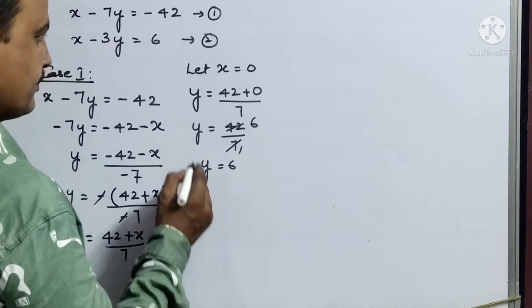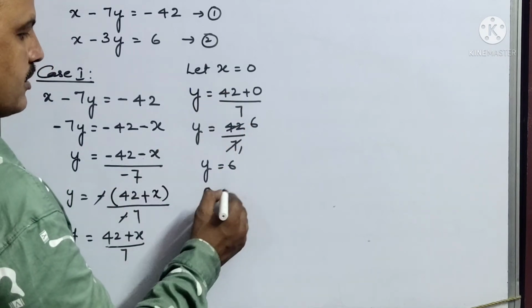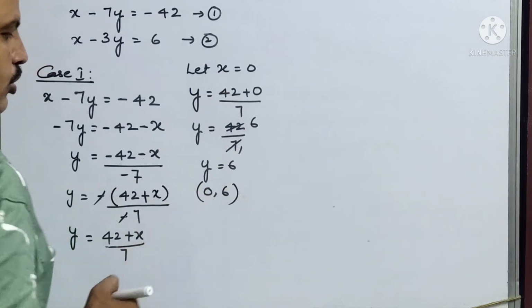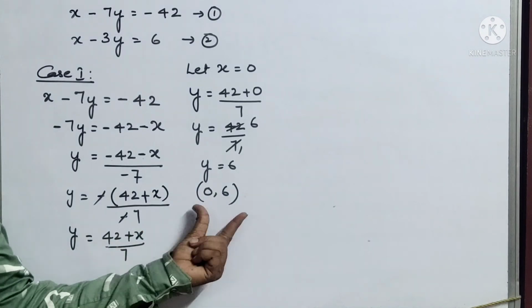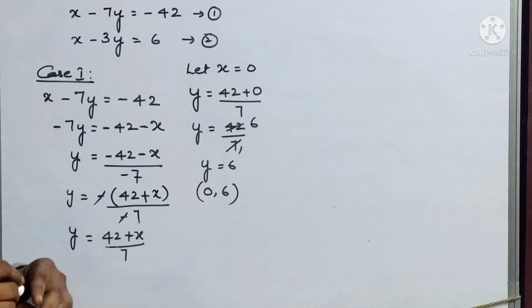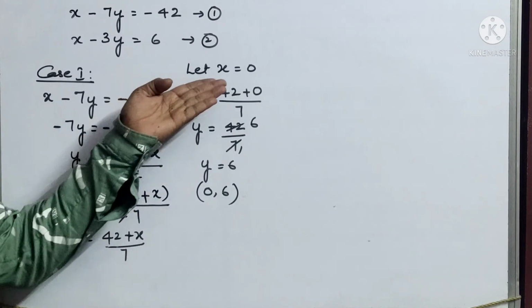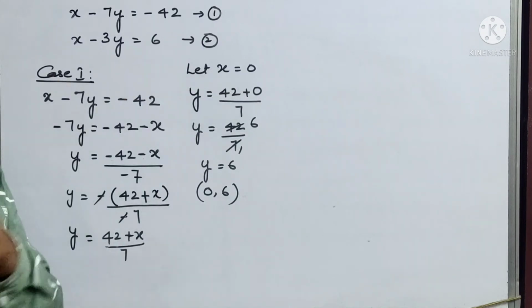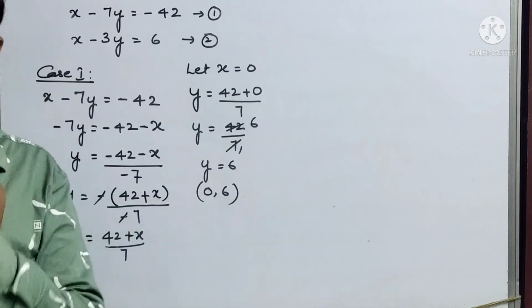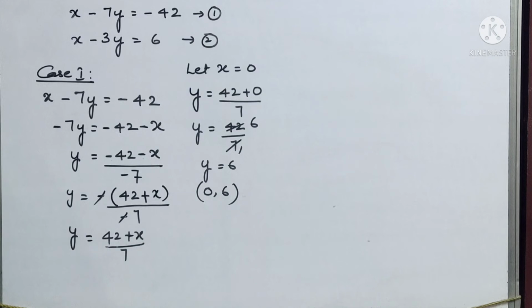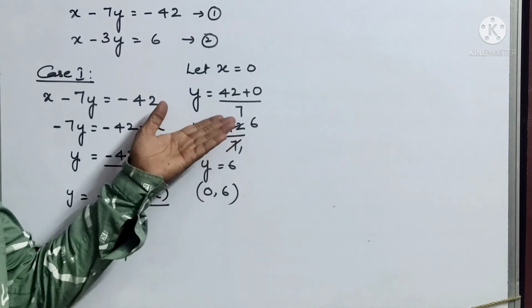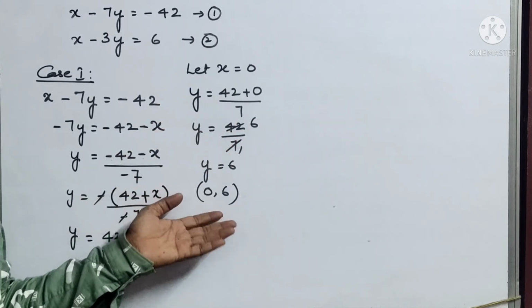That means 0, 6 are the coordinates of x and y. You got one point here. You may get doubt. Children, is it compulsory to take 0? It's not compulsory. It depends upon you. How you are going to take, like that you take it. But see that don't get the coordinates in decimal points.